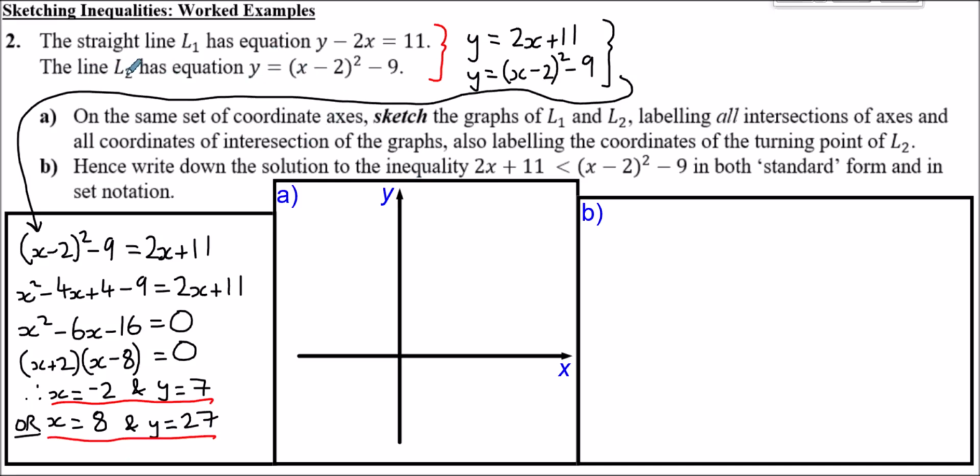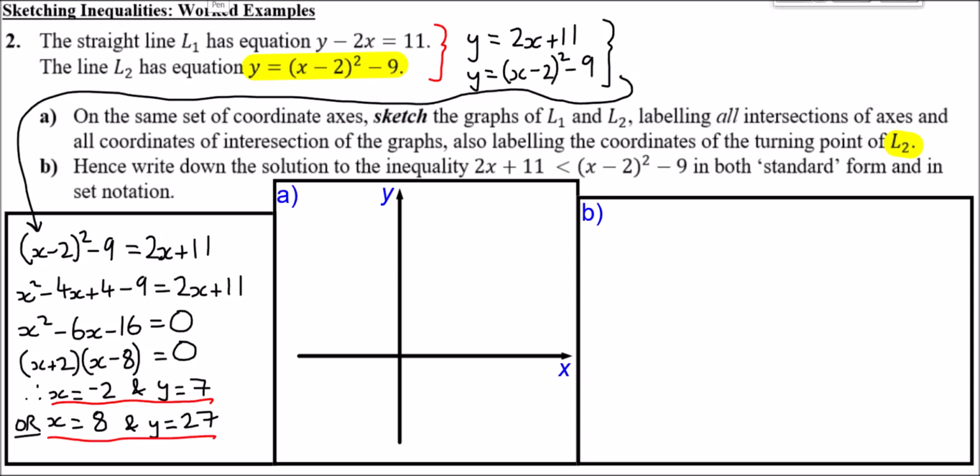Now, for part A as well, what we can do, because we need to think about the turning point of L2. L2 is this. Okay, we need to remember this completed square form of a quadratic. If a quadratic is written in completed square form, this number here and the constant at the end outside of the brackets tells us essentially what the turning point is.